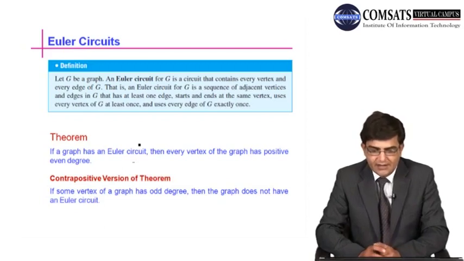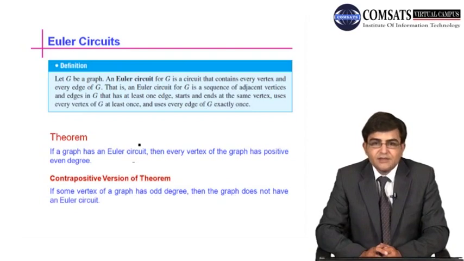What does it mean? It means that edges cannot be repeated and every edge must be used in the Euler circuit. But every vertex must be used to construct an Euler circuit, and vertices may be repeated. So this is basically the formal definition of an Euler circuit.